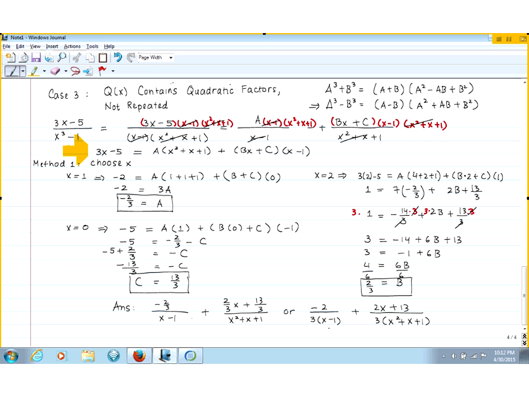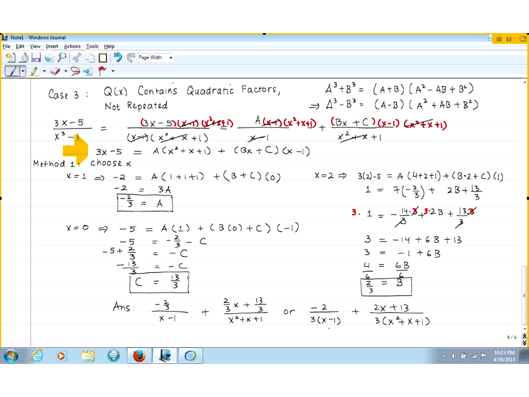Now, case 4. So this is an example of case 3. Now, case 4 is quadratic and repeated. Let me see.